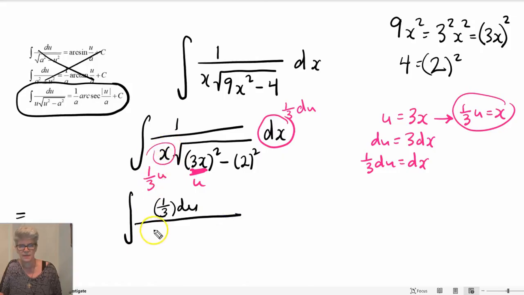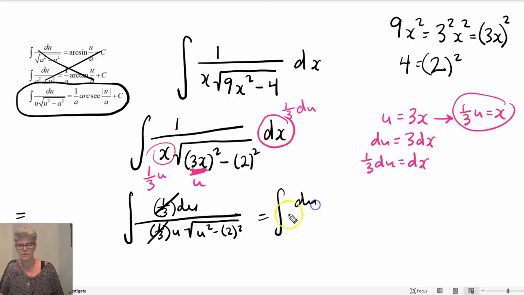And then instead of x, I have 1/3 u times u. Then the square root of u squared minus 2 squared. Now you can see where the 1/3s cancel. And now I have rewritten it to fit this template.